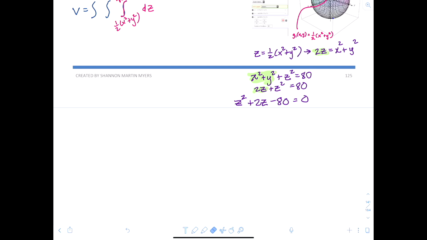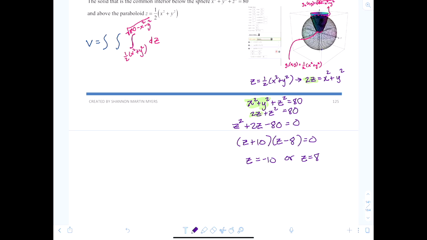Positive 10 times negative 8 combine to be positive 2 and have a product of negative 80. So we would have z plus 10 times z minus 8 is 0. So z would either be negative 10 or z would be 8.